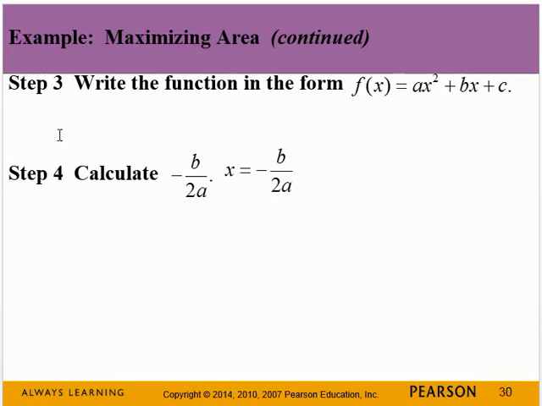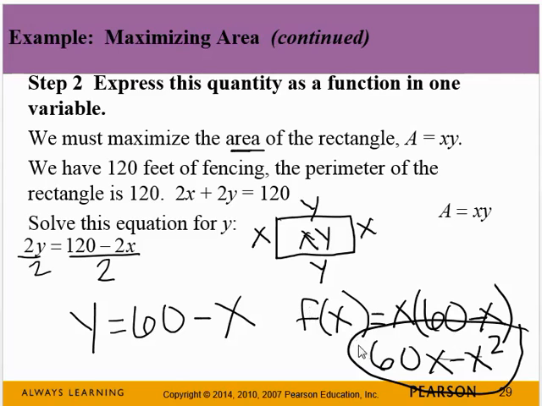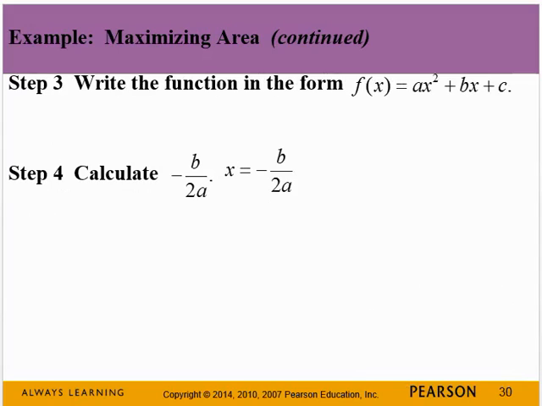So step 3 is to write the function in the form f of x equals ax squared plus bx plus c. So if you look back, we have 60x minus x squared. So if I need to rewrite that, I have negative x squared plus 60x.